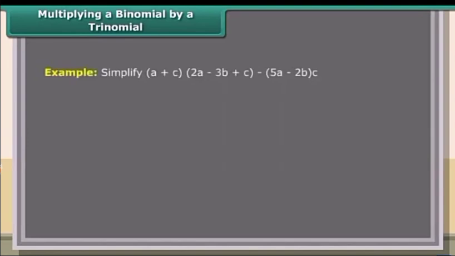Example: simplify (a plus c) into (2a minus 3b plus c) plus (5a minus 2b) into c.